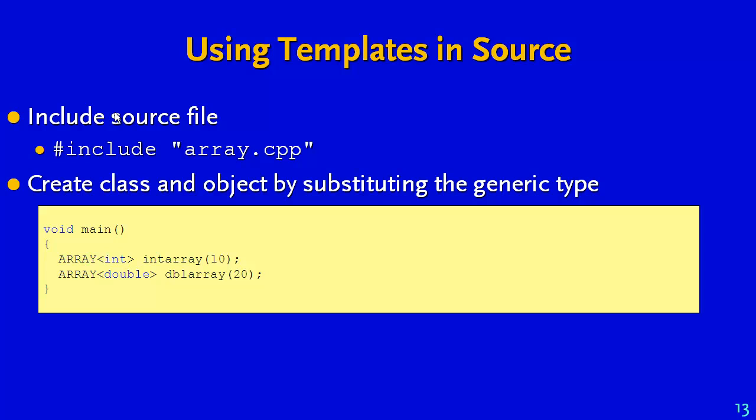When we're actually using template classes, I'm assuming in HPP form and CPP form, when you're using your template class in the main method, you have to include the file which contains the source code of your templates. In this particular case, it will be array.cpp because that's what the source code is. That's just the way it is. Some people write header files, inline code we've talked about already.